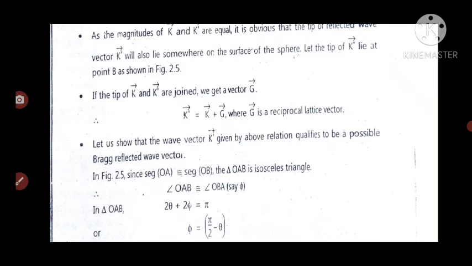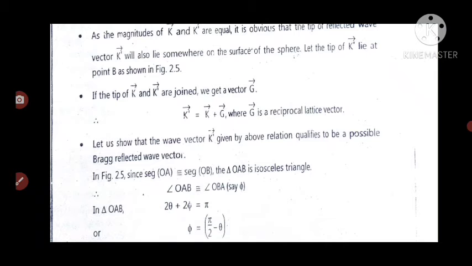According to the condition, k bar prime and k are joined, and we get the resultant vector, which is the reciprocal lattice vector. According to this formula we get the relation k bar prime is equal to k bar plus g bar.